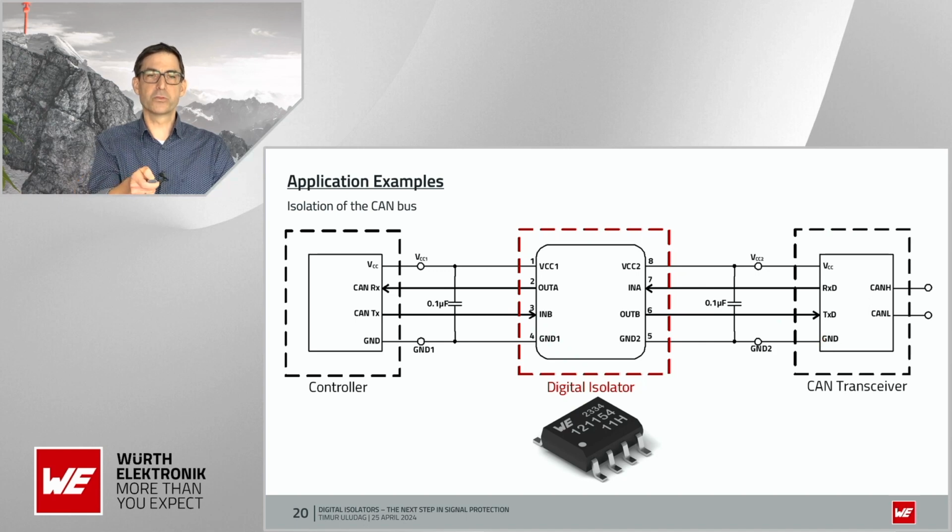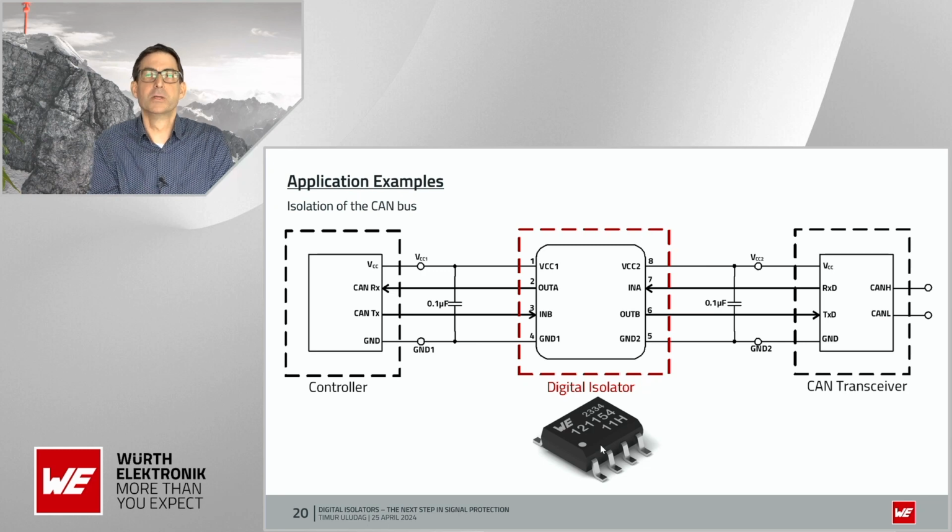As both controller and transceiver can be referenced to different grounds, we need the digital isolator to make a ground loop break so that we have no interferences. Additionally, because we have a 2-channel device, you need an external isolated power module to separate also the power paths.